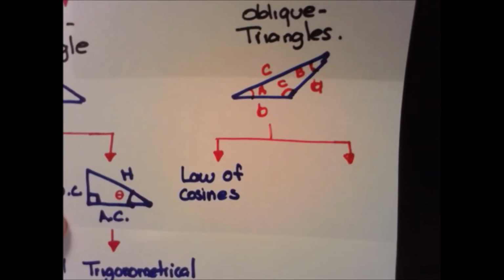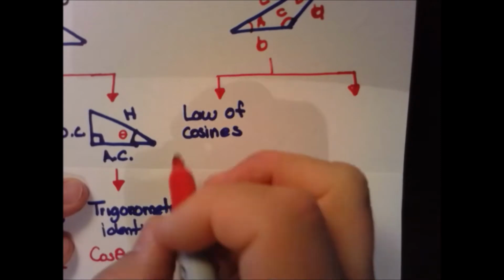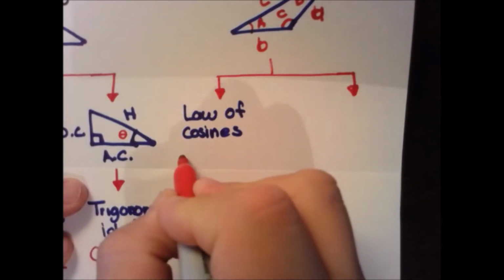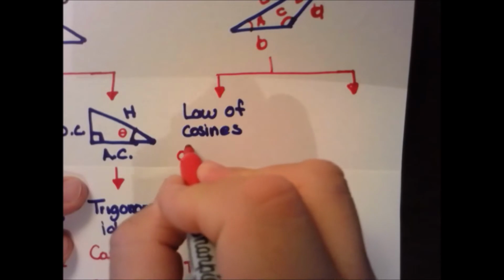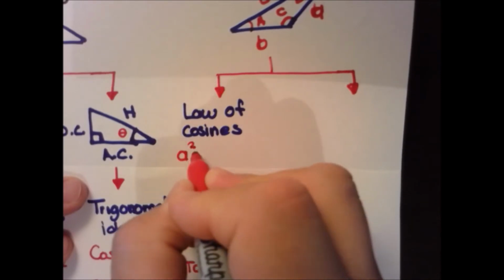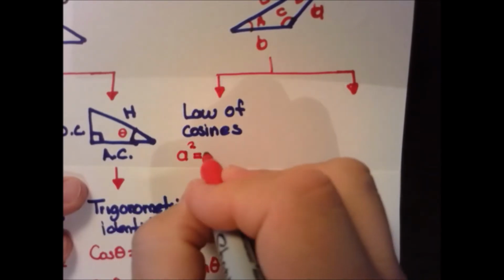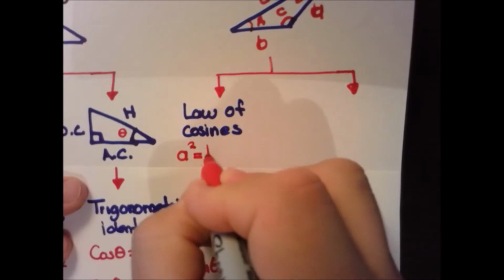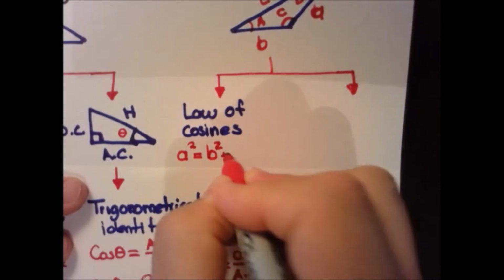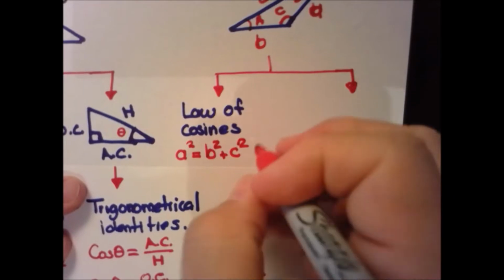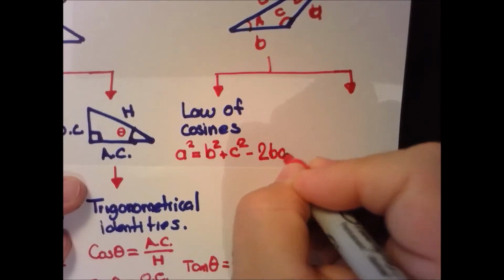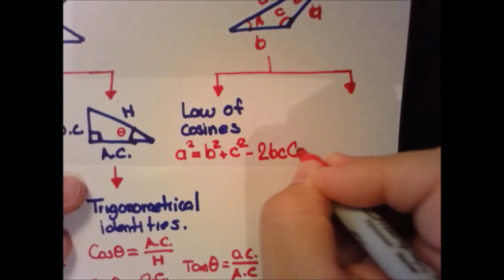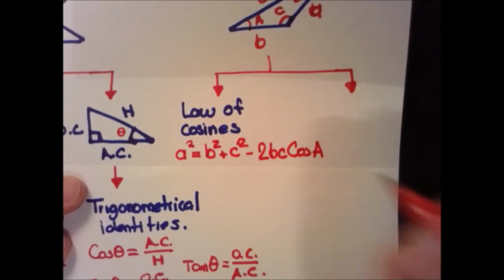For example, if you want to calculate the side a, in that case, a squared is going to be equal to the other sides, b squared plus c squared minus twice b times c times the cosine of the angle A.